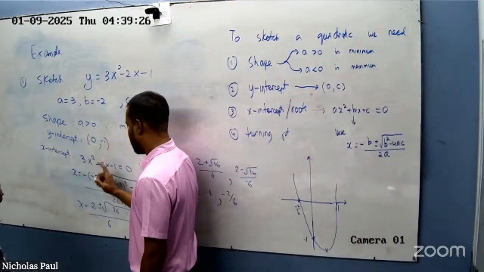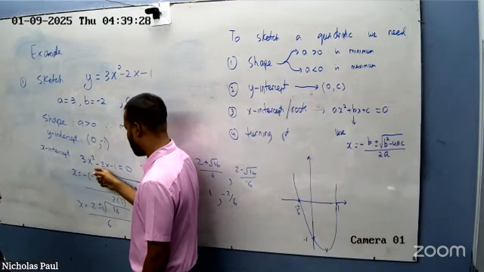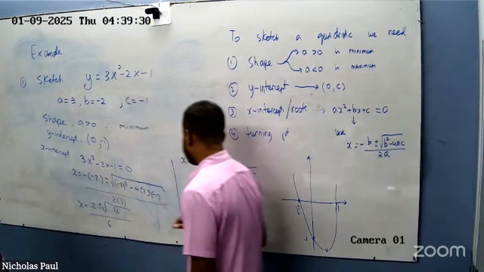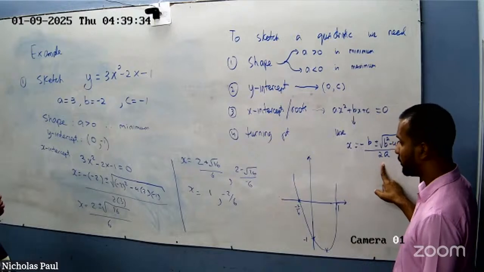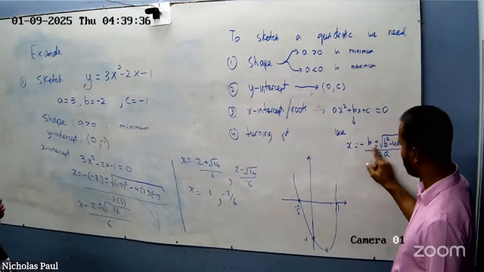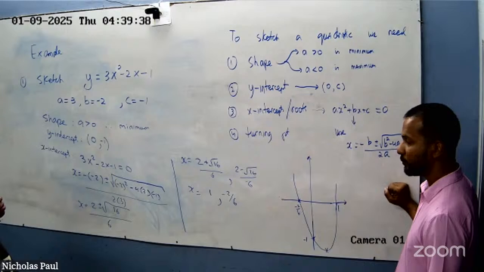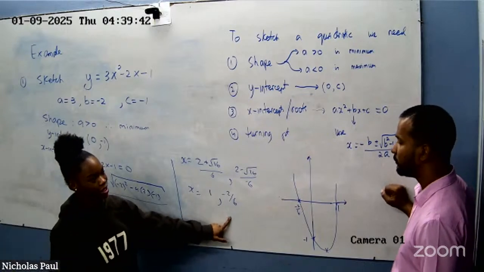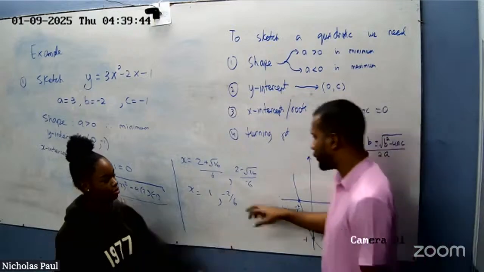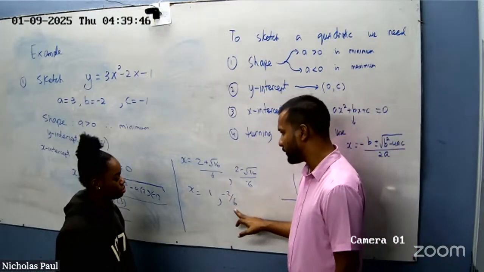X-intercept now. You have to solve this, but to solve this you use the formula. All you have to do is plug in a, b, and c. That's all.